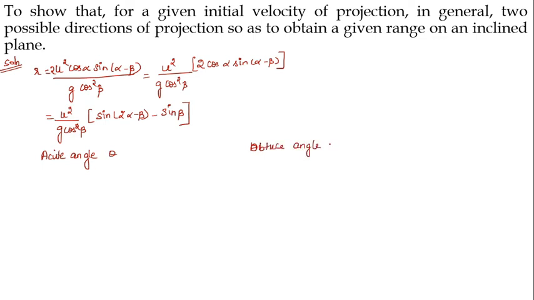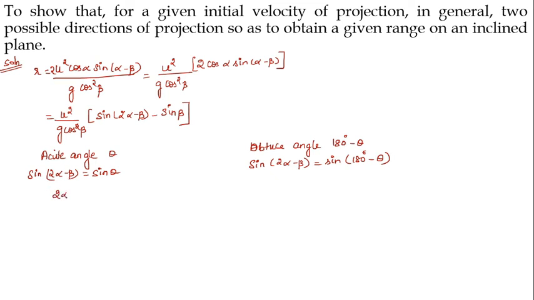Obtuse angle is 180 minus theta. Okay. So this sine 2 alpha minus beta is playing a role, because if that is maximum, then range is maximum. So that is the important thing we are going to change. So I'm considering this sine 2 alpha minus beta as sine theta. Okay. Similarly, sine of 2 alpha minus beta is sine of 180 degree minus theta.